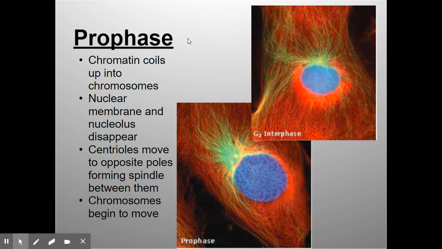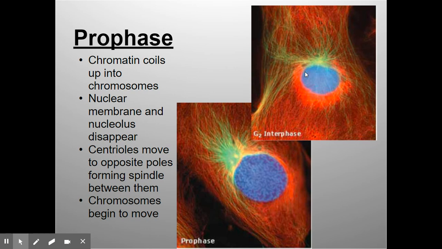For this unit, I do expect you to know the names of the phases, number 1. Number 2, what happens in those phases. And number 3, what that phase looks like. So I expect all 3 of those things to be known: the name, what happens, and what it looks like.